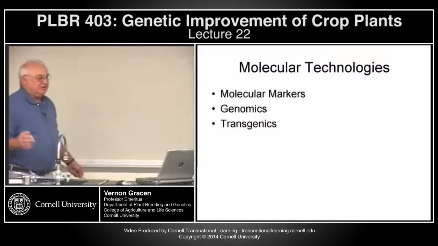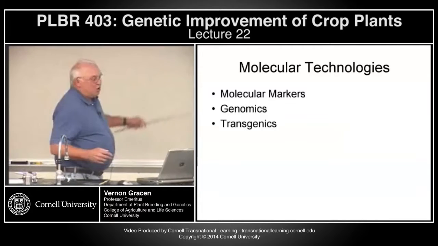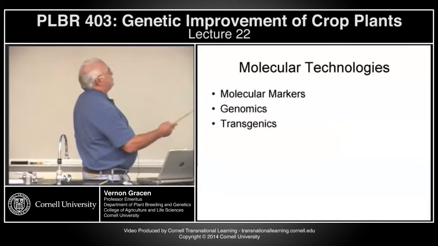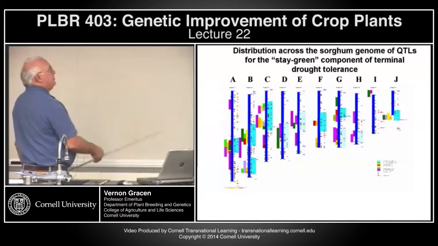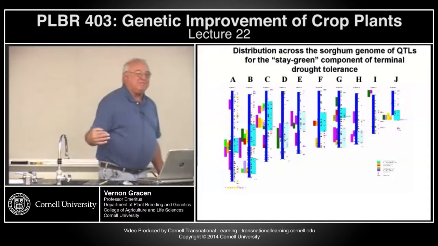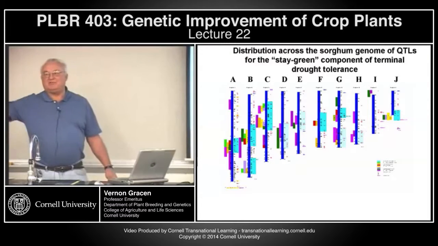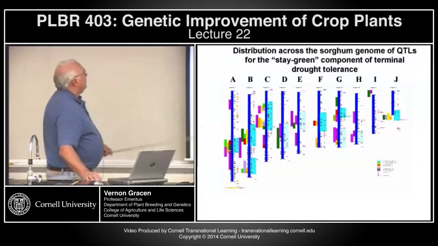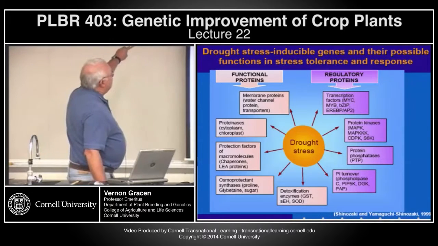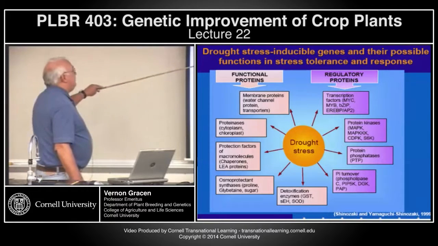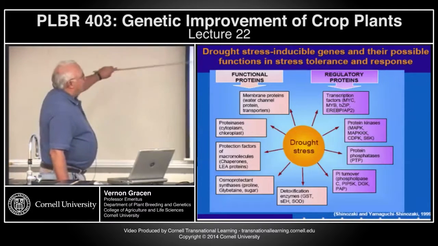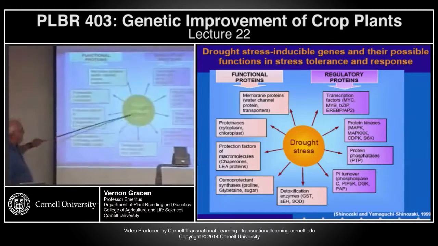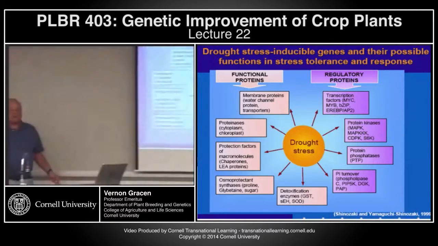All right, I just mentioned markers, genomics, and transgenics all are useful. Just some examples. This is QTLs in sorghum for a stay green component, which is an important measure of late season drought tolerance. This is a little genomics or maybe proteomics sketch of all of the various proteins, functional and regulatory, that can improve drought stress.